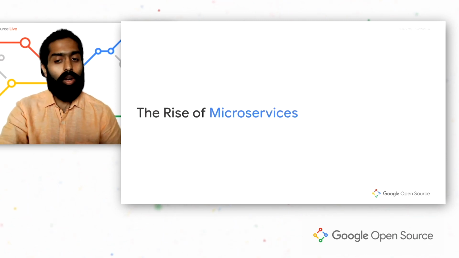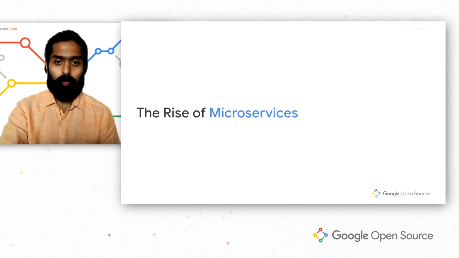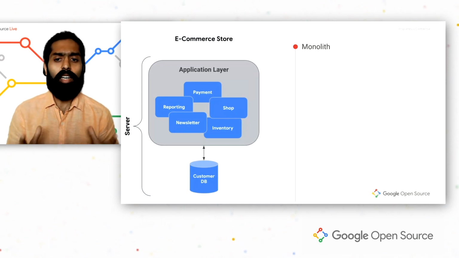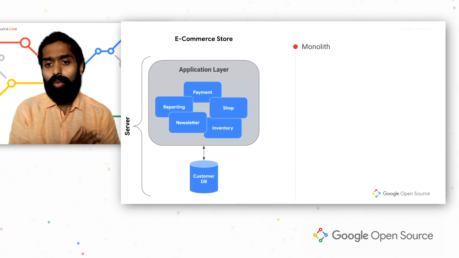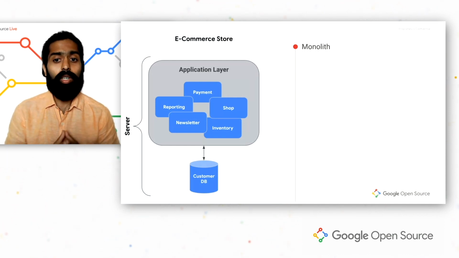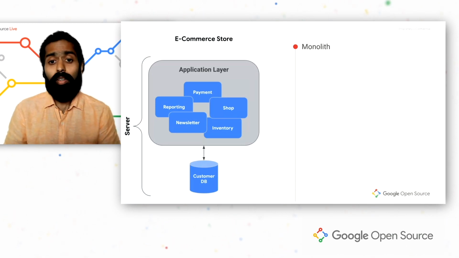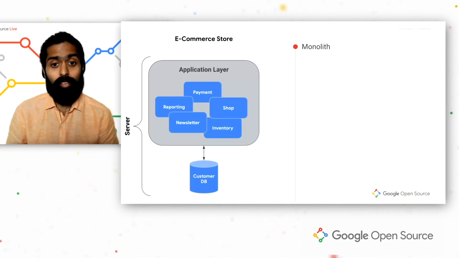So first, let's talk about the rise of microservices. In the early days, we saw large applications architected as monoliths. In early 2000, we saw a rise of service-oriented architectures, but they were still built as monoliths. You'll be surprised that even today, many organizations have monoliths. So now, what is a monolith?